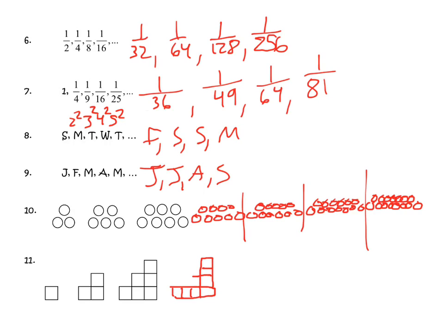Then adding ourselves some boxes, so we can get that guy there. And then the next one is going to be 5 long, 5 tall, and then again these boxes here.